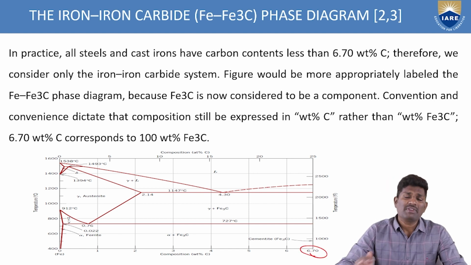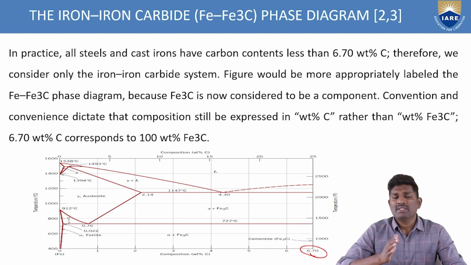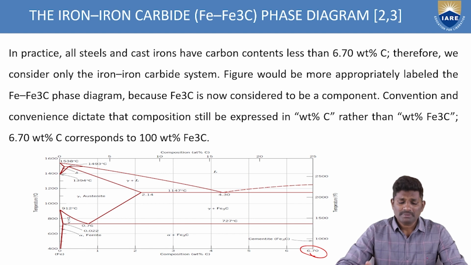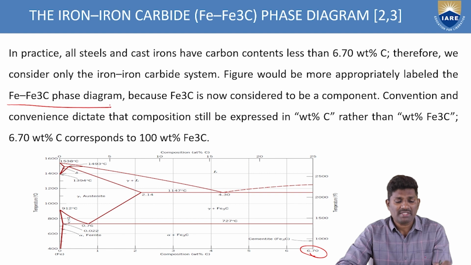In the earlier cases, we saw up to 100% because there was no differentiation. But here, since there is no existence of pure carbon or pure graphite, it is restricted to 6.7 only. That's why we are constructing our phase diagram up to 6.70 only. The figure is appropriately labeled up to the Fe3C phase diagram because we are not considering beyond that limit.